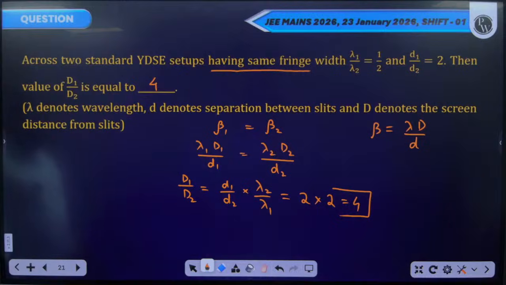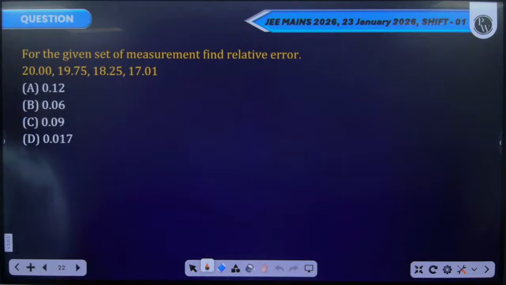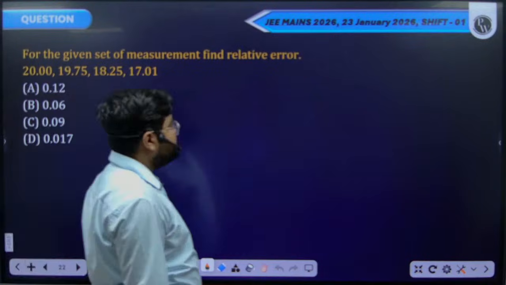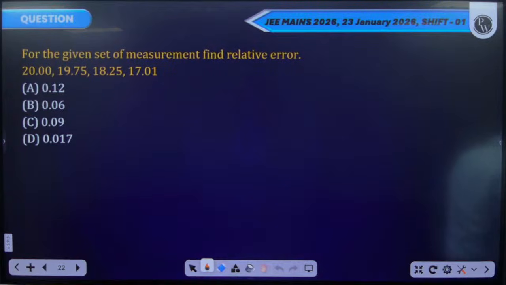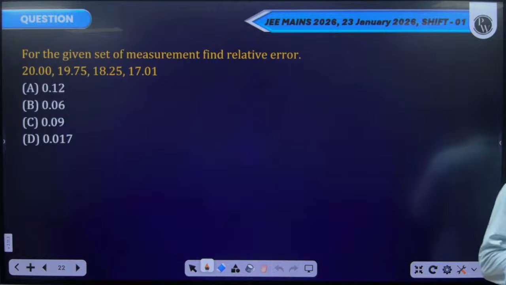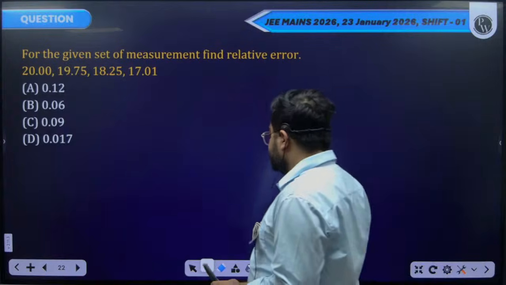All right, moving along. We have to find the relative error here. This is a calculative question.